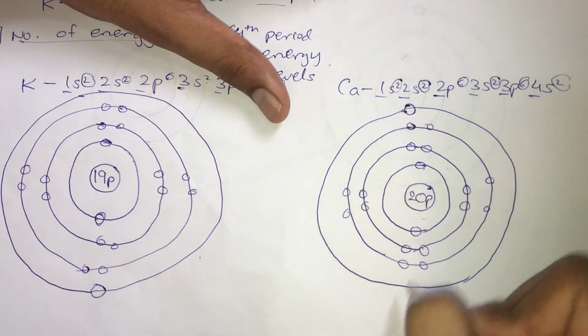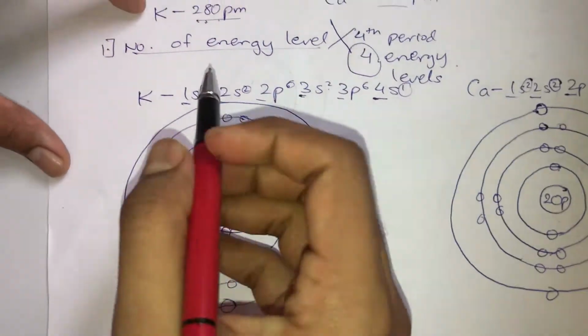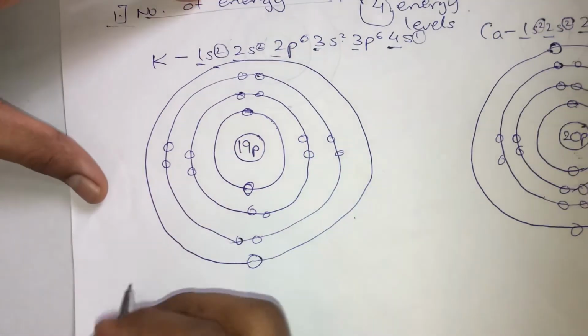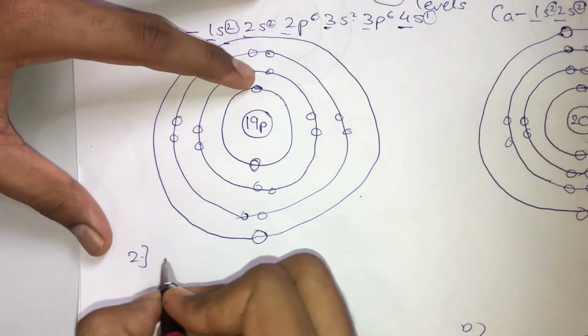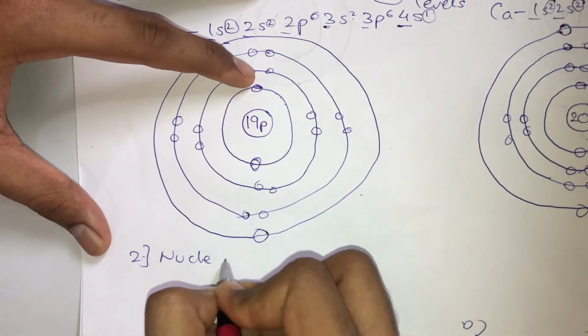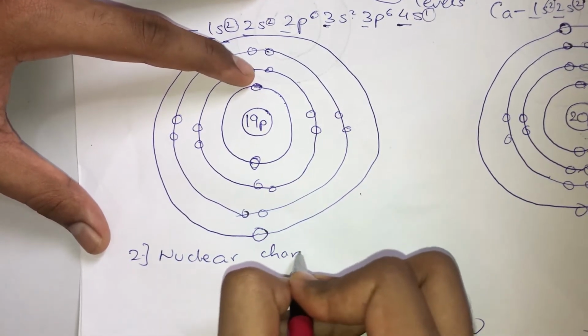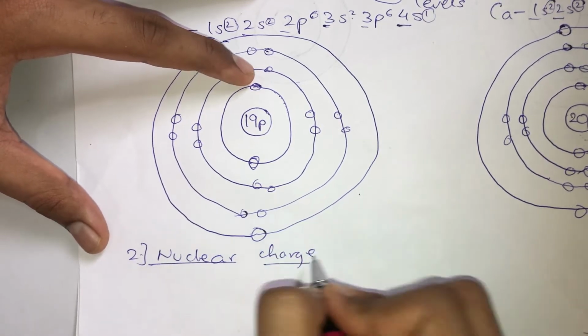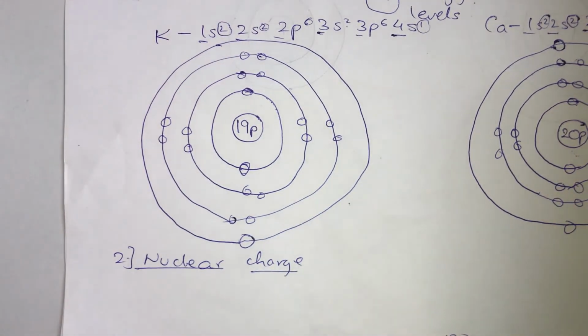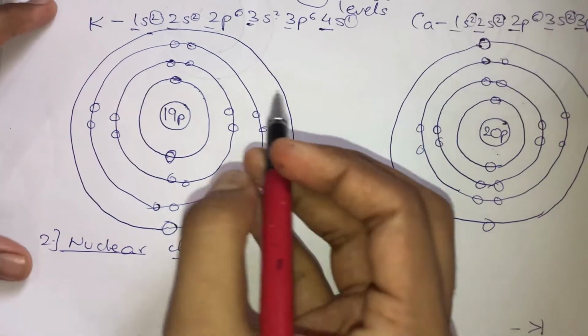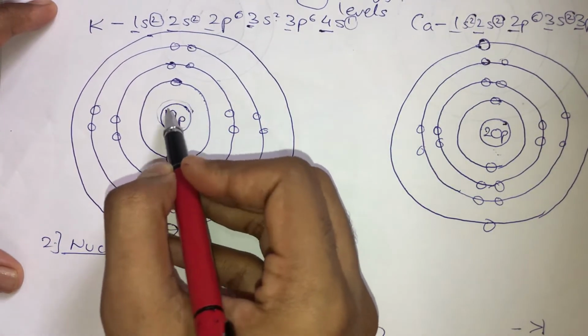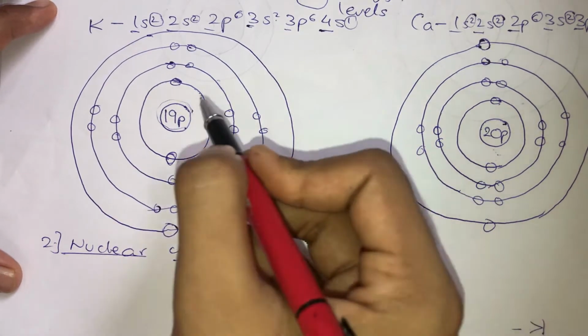Now let us move back to our second condition, which is nothing but the nuclear charge. So can nuclear charge be the differentiating factor between both of them? Obviously yes, because the nuclear charge completely depends on the number of protons present inside the nucleus.